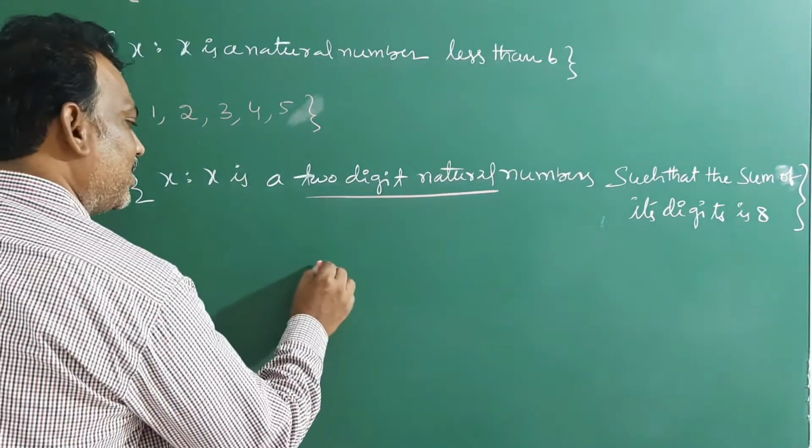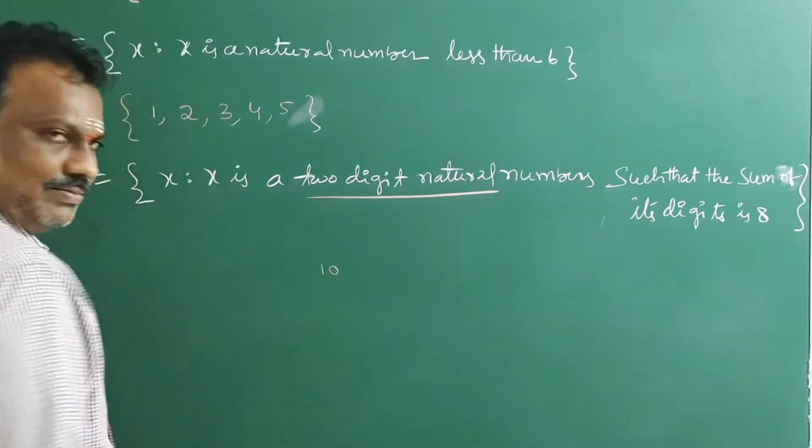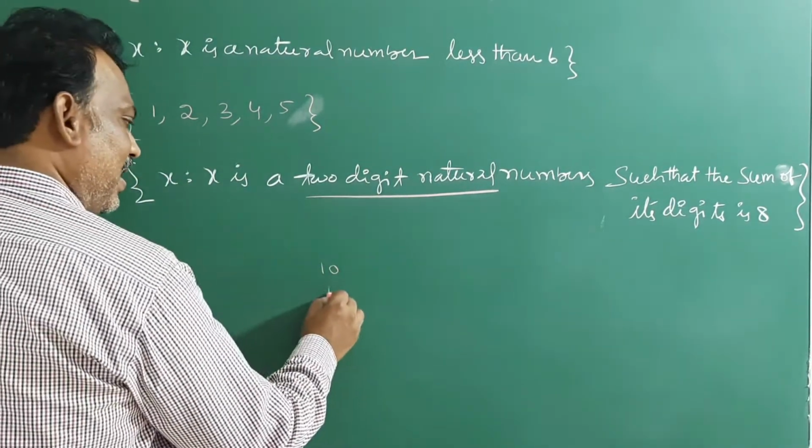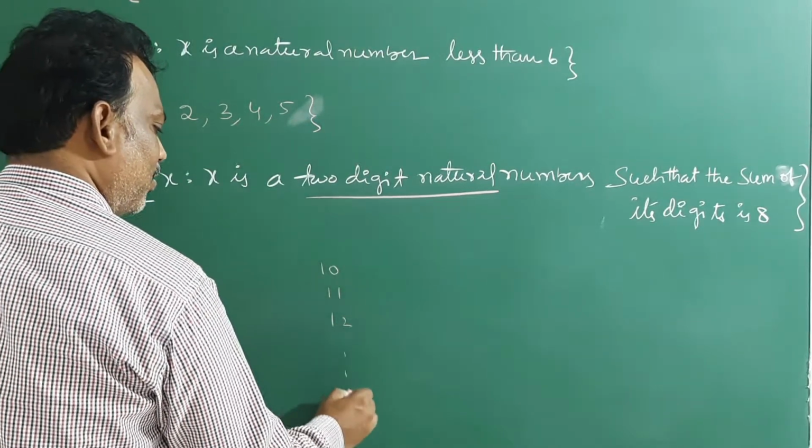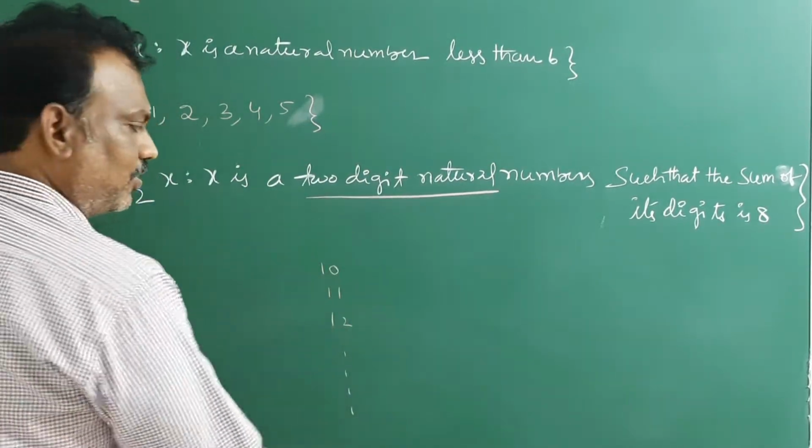2-digit natural numbers start from 10. 10, 11, 12, it goes on up to 20.